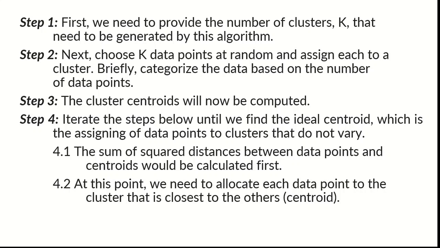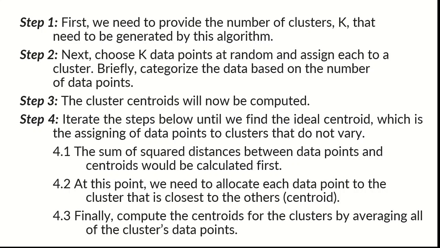If a particular data point is closest to one centroid, we have to allocate that data point to that cluster. This step has to be repeated continuously. And finally, compute the centroids for the clusters by averaging all of the cluster's data points.